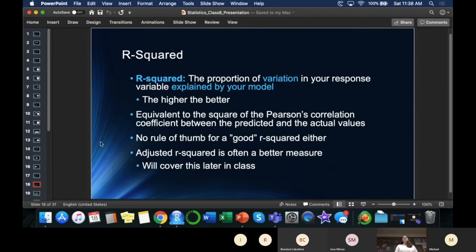So what do you mean by explained by the model? Yeah, explained by the model. So you can think of it in terms of our equation. 70% would mean that our predictor variable explains the variation, or the change, in that response variable.